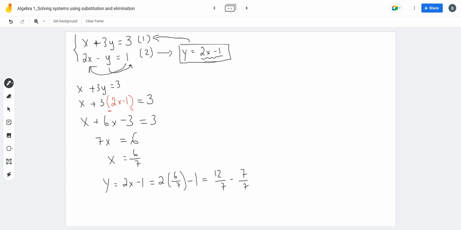And that would be equal to 5 over 7. So here we would have the solution: x equal to 6 over 7, y equal to 5 over 7.